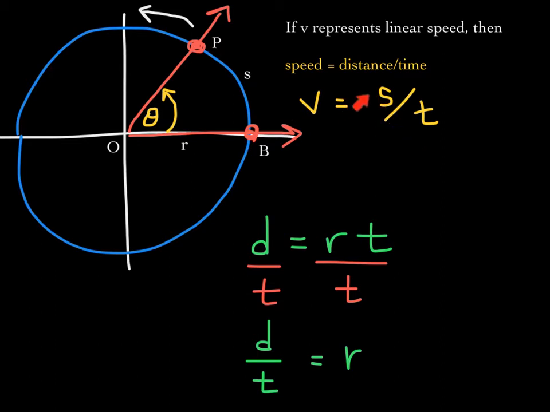In this context, distance is s, the arc that is traced by point P. I just wanted you to see that you've seen a formula like this before. The variables are different. The letters being used for speed and for distance are different, but it's very similar.